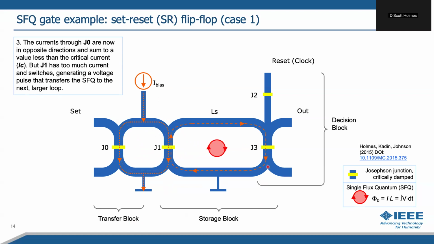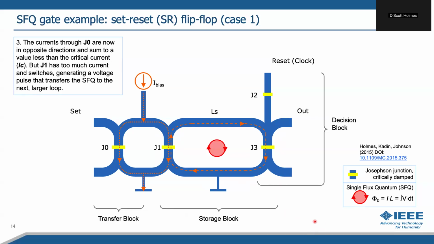So this is a storage loop, and the inductance here is large enough that the current is small. Now this junction, the two smaller currents are in opposite directions. This junction is happy, and this junction only has a small current going through it. It's happy. The current circulates basically forever. So it's a storage loop.